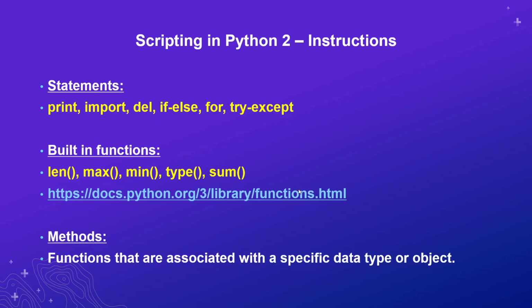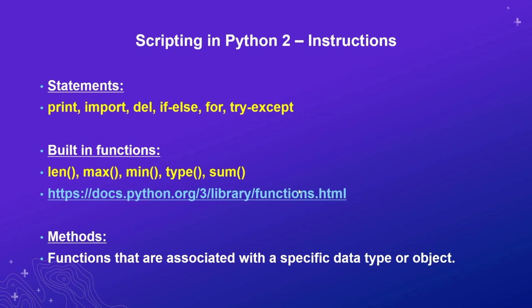Moving on to the second part of scripting, that is instructions. Instructions could be statements or functions. Statements are used to perform an action in a script that does not return a value. These are some popular statements in Python. So print, as we saw earlier in that example, can print or return the particular value on the console.